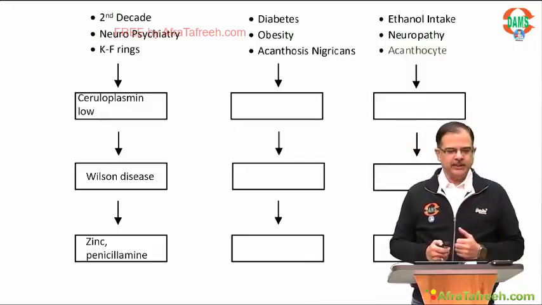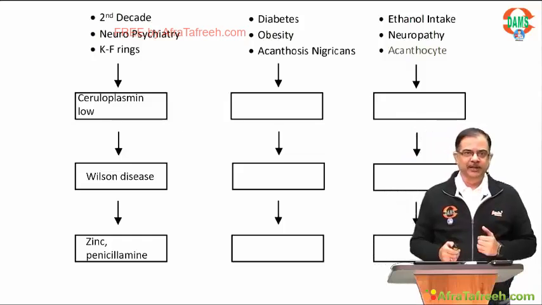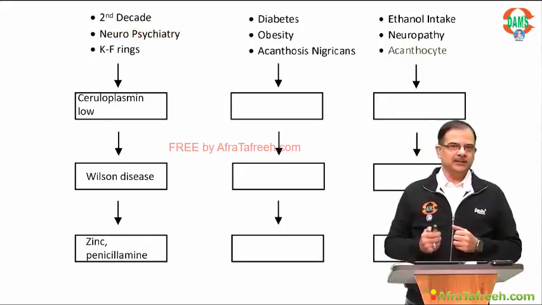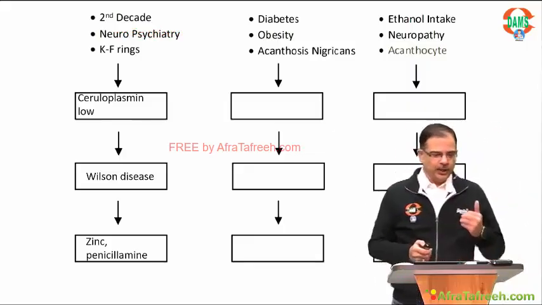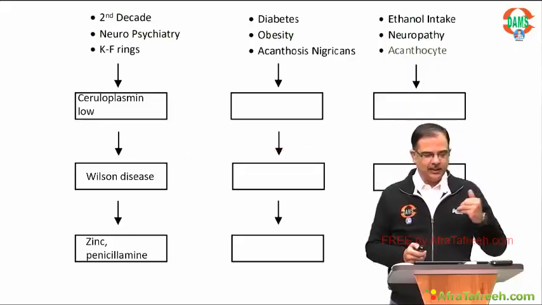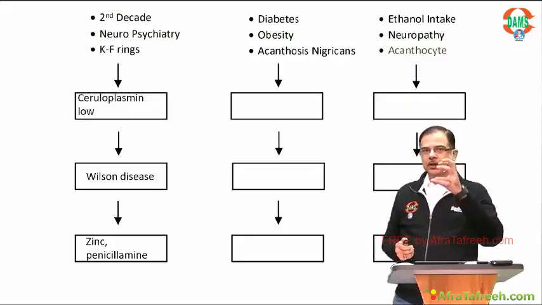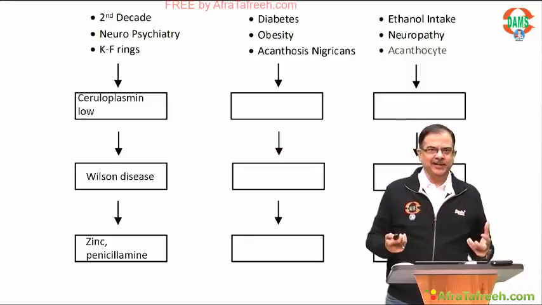The fourth clinical scenario is diabetes. The patient has diabetes, obesity, and a black pigmentation over the back of the neck. That is known as acanthosis nigricans. So this patient has metabolic syndrome, like obesity, diabetes, insulin resistance.